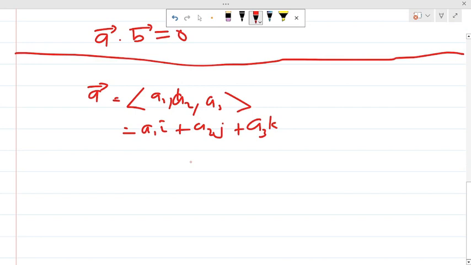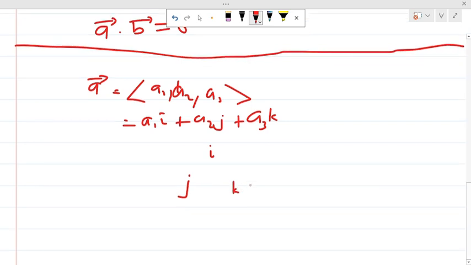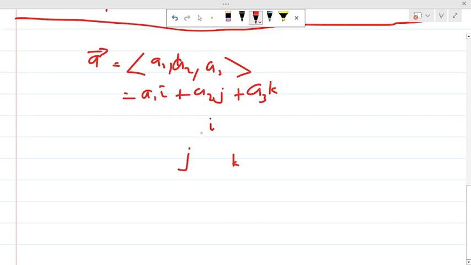Okay, so we have something called the cross product of this i, j, and k. Now this is a shortcut I want to treat before we reach the cross product in the next video. So i, j, k. Now I'm drawing something here in the anti-clockwise direction.